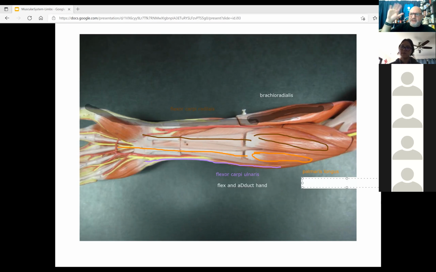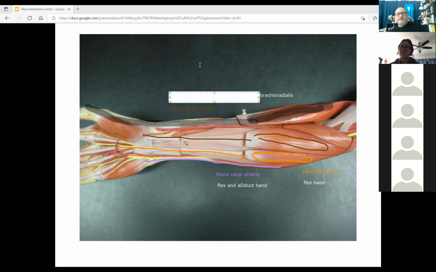Notice again, because it's right in the middle, it can't twist it to the left or to the right, so it's just going to flex the hand. And what is the function of the flexor carpi radialis? Flex and abduct the hand or the wrist. And there you go. Just that easily, we have done the 3 muscles on the anterior part.